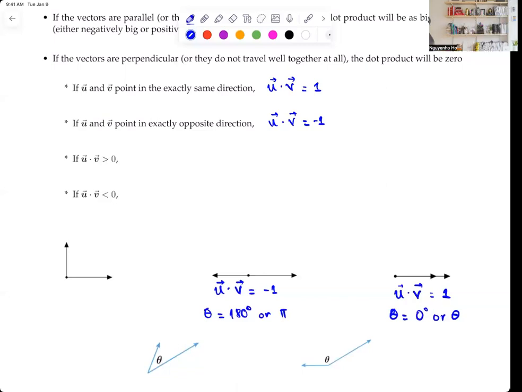Now, when you do the calculations and you get that the dot product gives you a positive number, then u and v are pointing in the same directions.